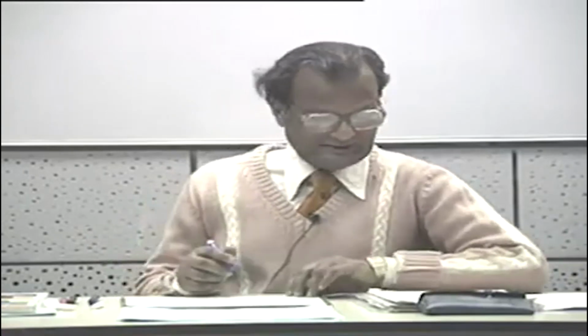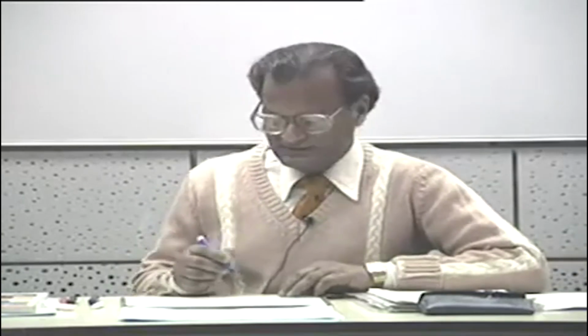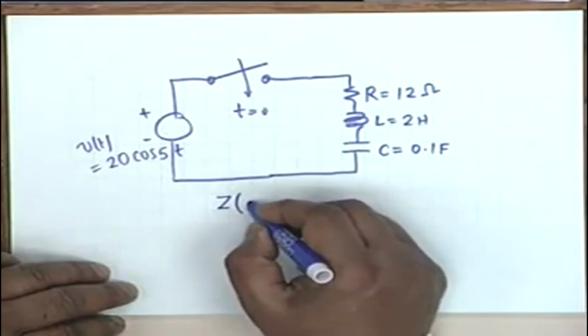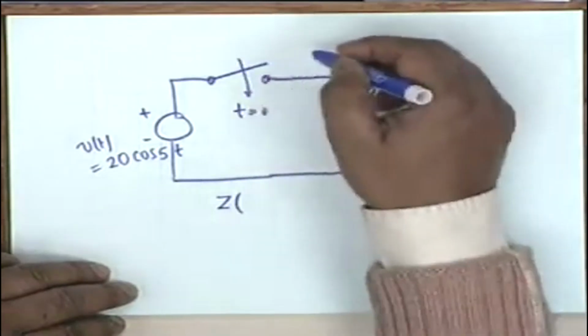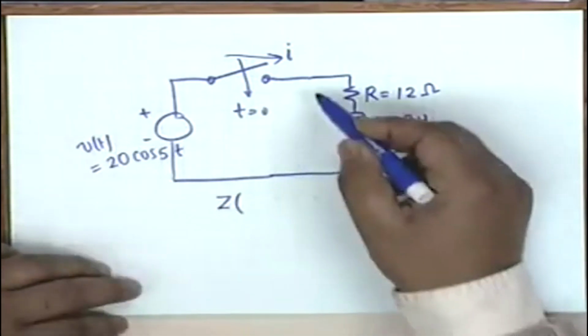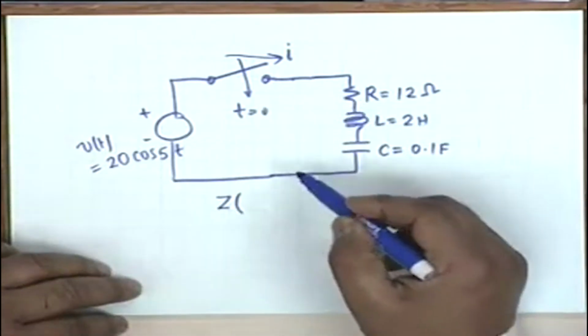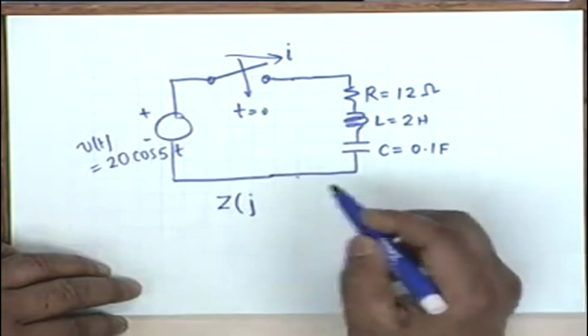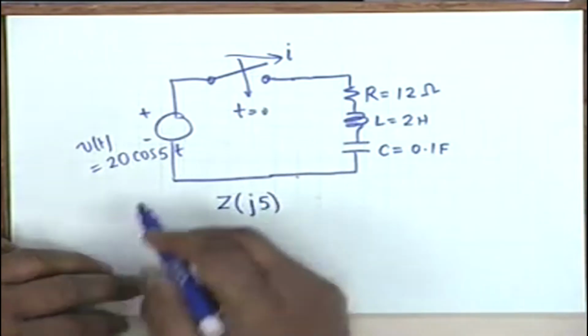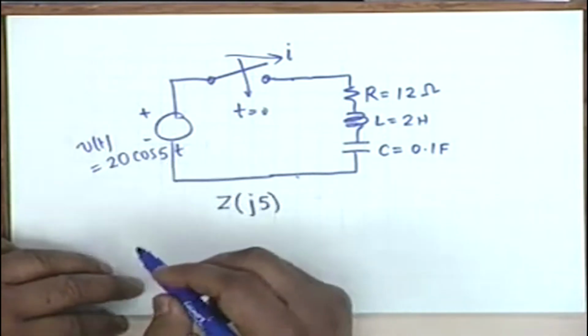All right. As far as If is concerned, all that I have to do is to find Z, the impedance between these two points, because what I want to find is the current. Z of j omega, what is omega? 5, isn't that right? Cosine of 5t, so omega is 5.